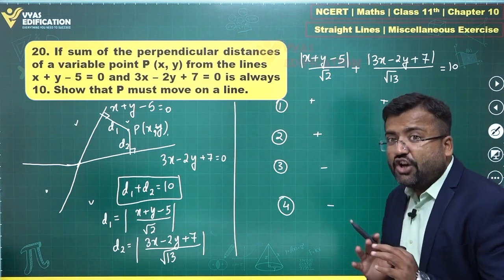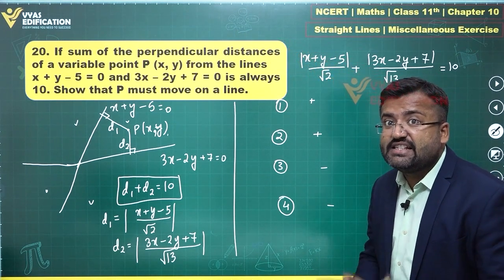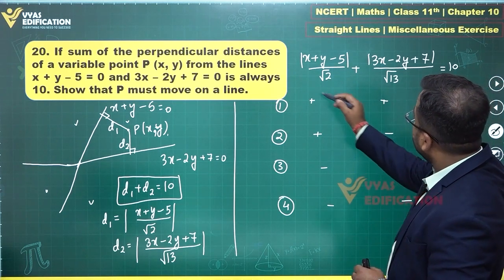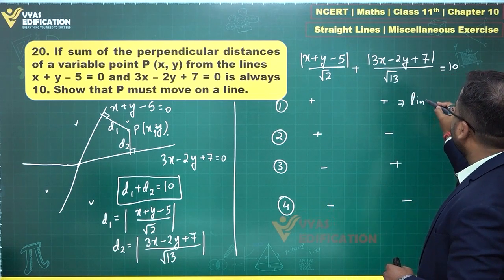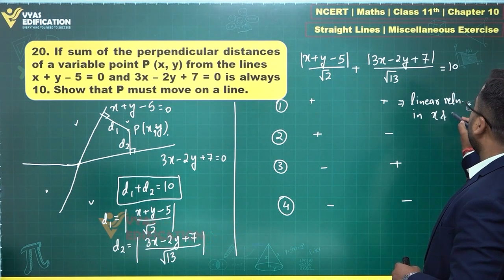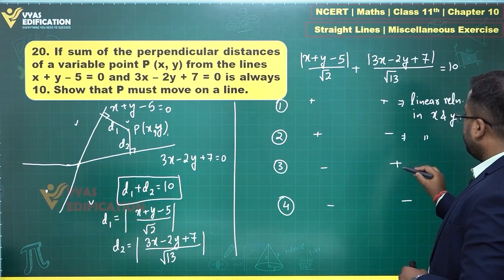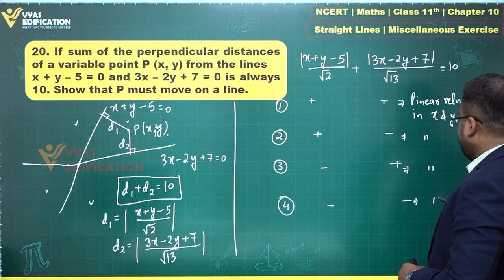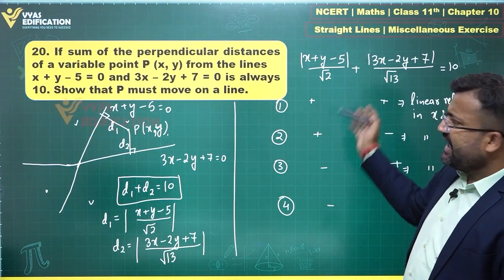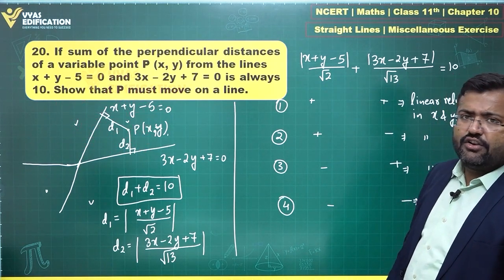But in each of these cases, you will get a linear relation in x and y. Basically, x and y will not be raised to any powers, and x and y are not coming in the denominators.